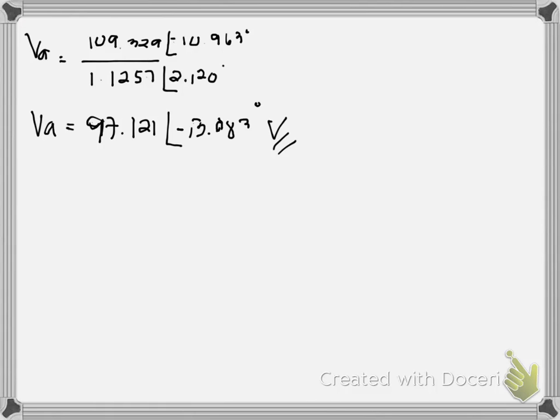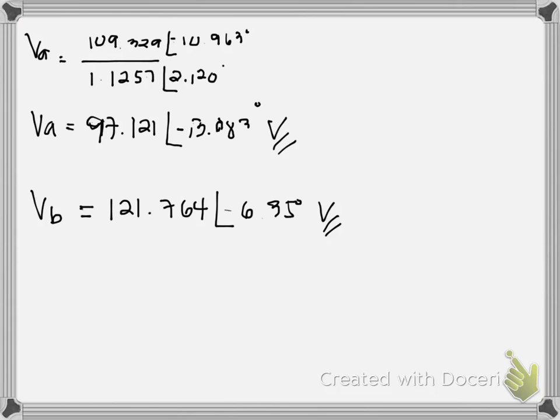And for VB rather, using equation 1 or equation 2, either of the two equations, the VB should resolve to 121.764 angle negative 6.35 volts.